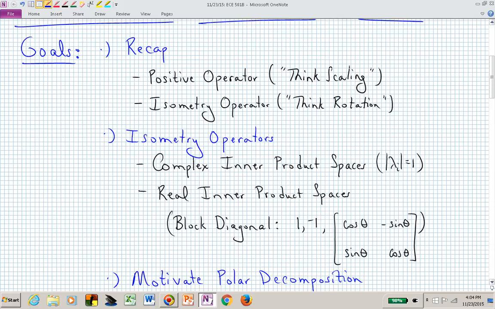An isometry in a complex inner product space will have all of its eigenvalues of magnitude 1, or you could think of those as on the unit circle. But if you're in a real inner product space, then we could either go exactly in the same direction, we could flip 180 degrees, that's this 1 and minus 1, or we could do this rotation.